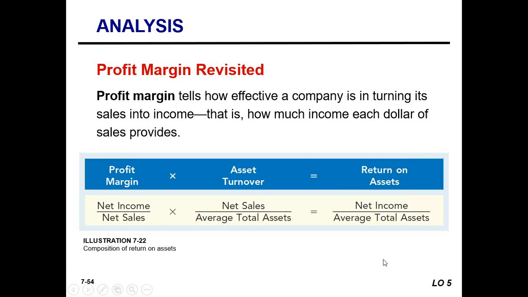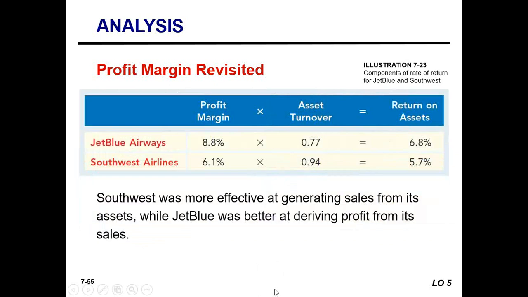Net income divided by average total assets. So this is something we've already looked at, but now we're looking at it in an expanded fashion. Southwest was more effective at generating sales, while JetBlue was better at deriving profit. So different ratios means different things.